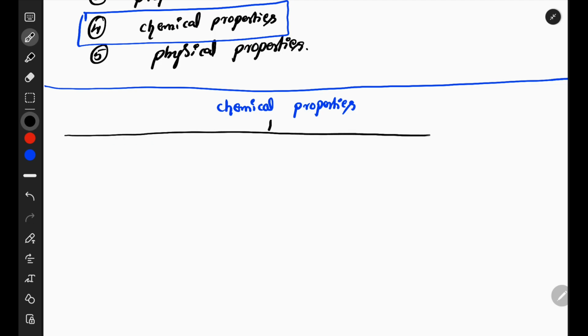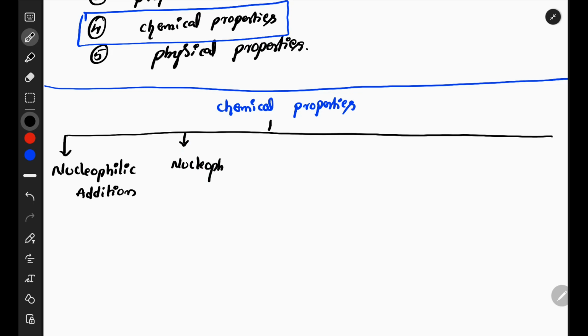First is nucleophilic addition reactions. Second is nucleophilic addition followed by elimination. This is also nothing but a condensation reaction.